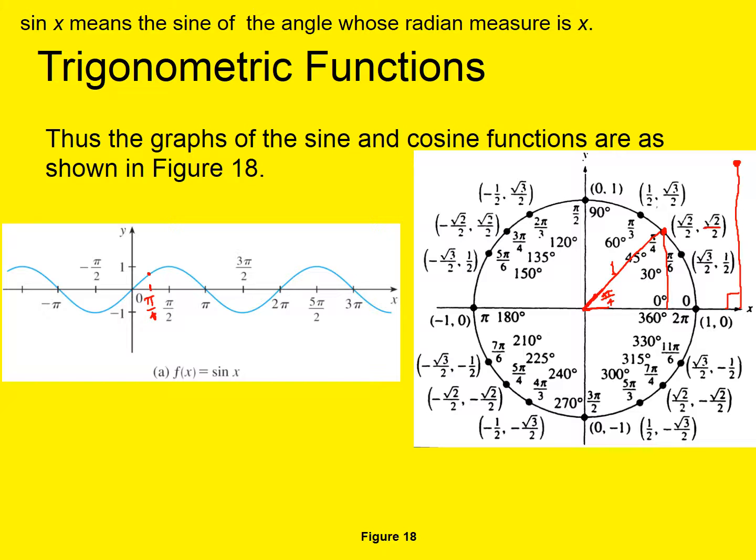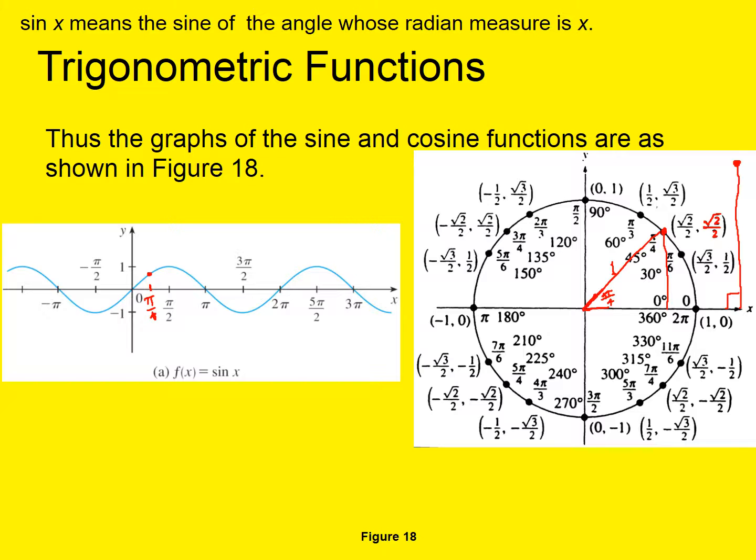And the ratio will also be that same number because you're going to divide it by 1, because it's opposite over hypotenuse. And so sine of that angle, pi over 4, is just this y value here, square root of 2 over 2. And that's why we have this point on the graph right here, pi over 4, square root of 2 over 2, which is approximately 0.707.